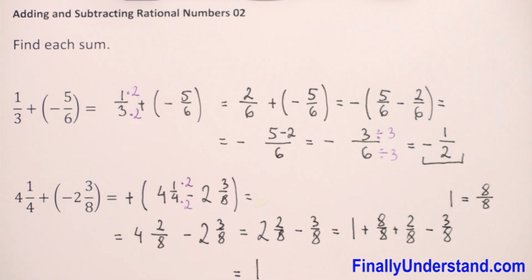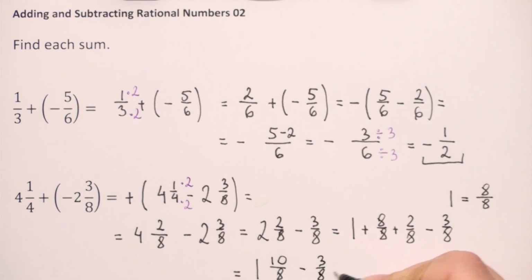We have to copy, and we have 8 plus 2 is 10, minus 3 over 8. So this is equal 1. We rewrite, and now we just subtract these two fractions. We copy the denominator and we subtract numerators. 10 minus 3 is 7. I cannot reduce anything, so this is my solution.